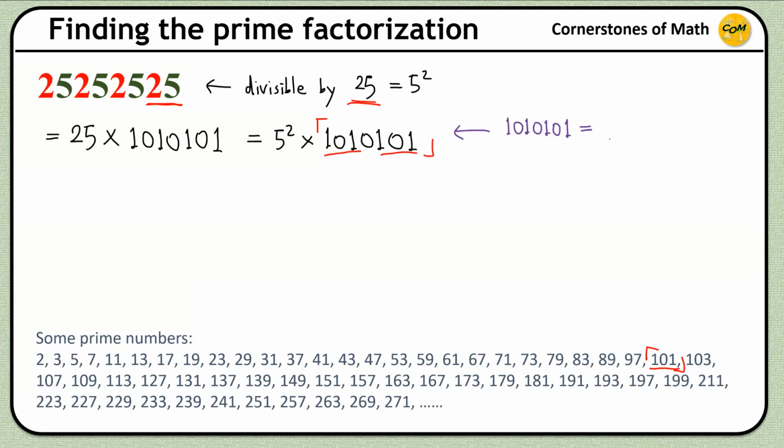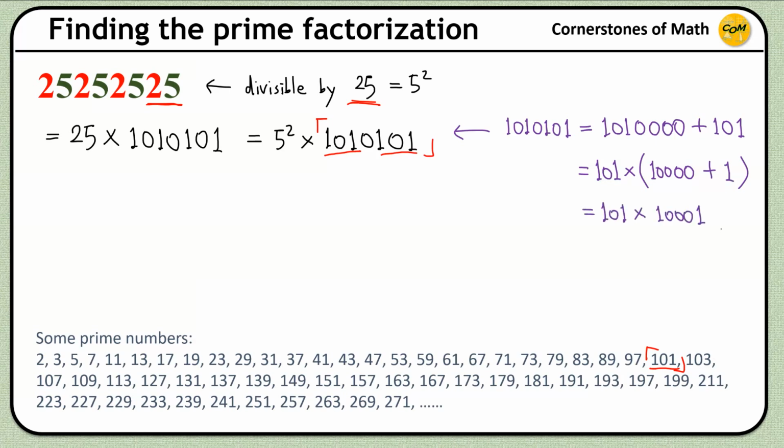This means that 1010101 can be written as 10100 plus 101, hence 101 times 10000 plus 1, hence 101 times 10,001. Therefore, we have 5 squared times 101 times 10,001.